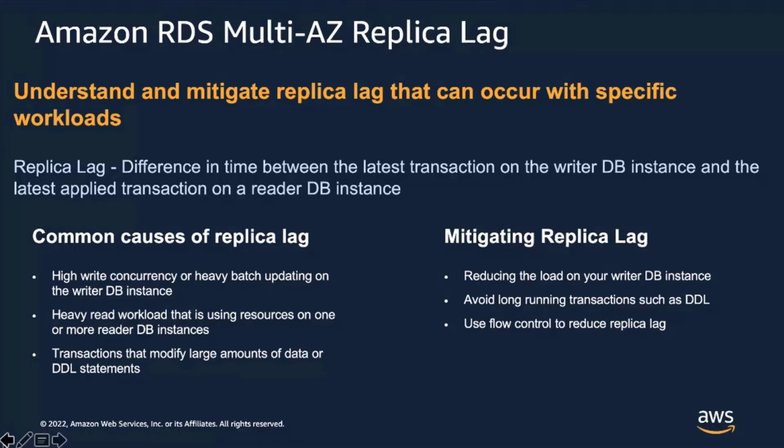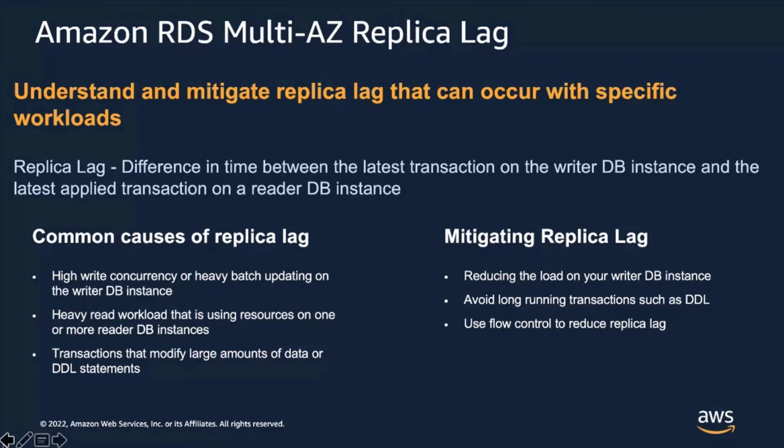For example, when there is a high volume of concurrent write workloads on the primary, while the read instance is serving a huge volume of read workloads, there could be a replica lag, as the reader instances are quite busy serving the read workloads.